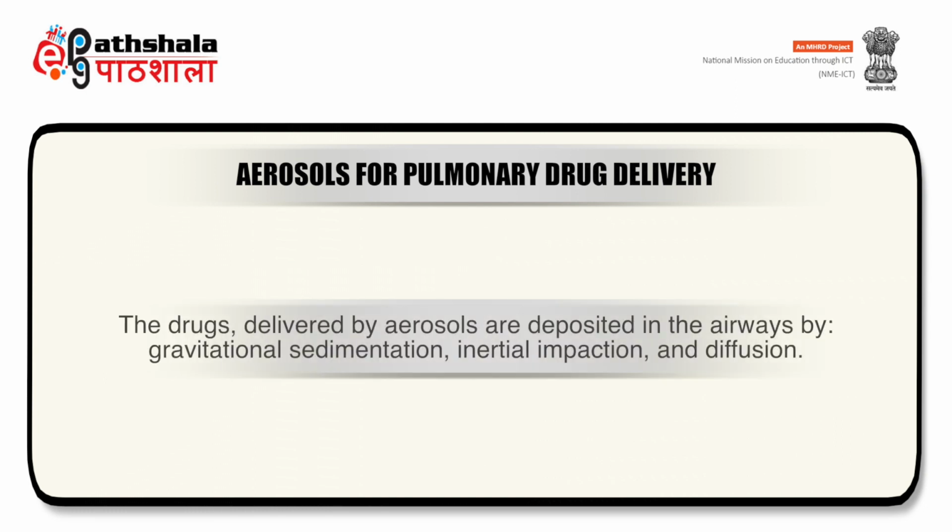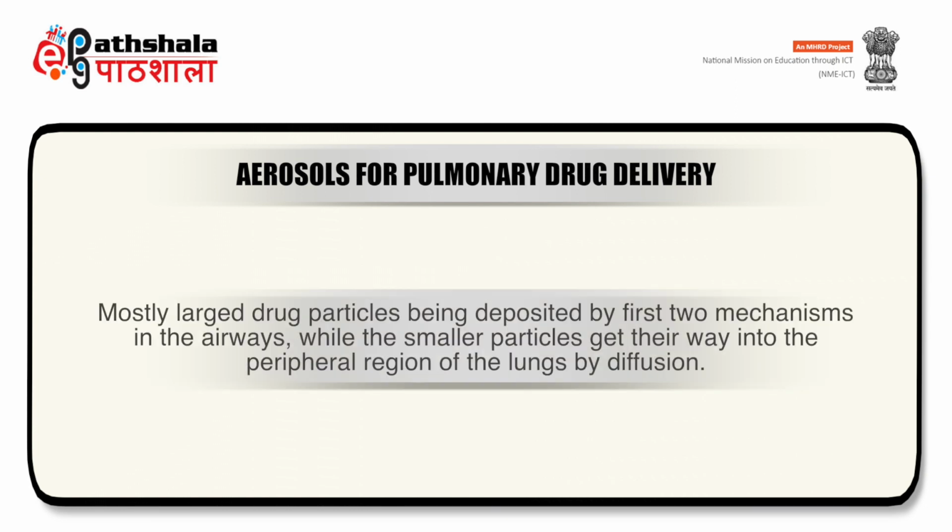The drugs delivered by aerosols are deposited in the airways by gravitational sedimentation, inertial impaction, and diffusion. Mostly, large drug particles are deposited by first two mechanisms in the airways, whereas the smaller particles get their way into the peripheral region of the lungs by diffusion.